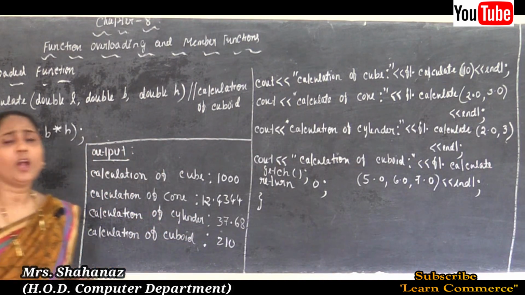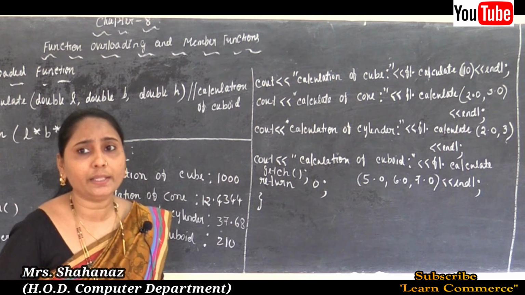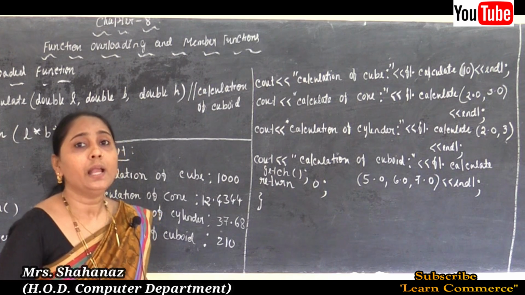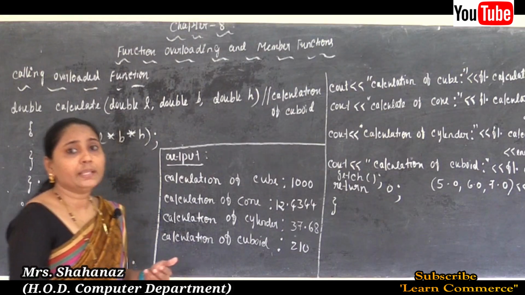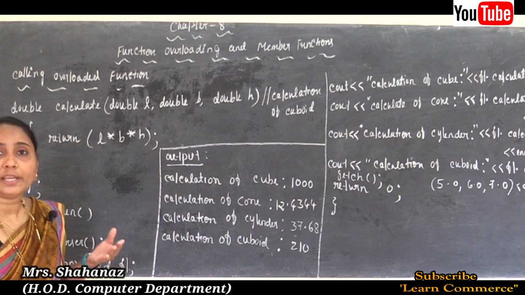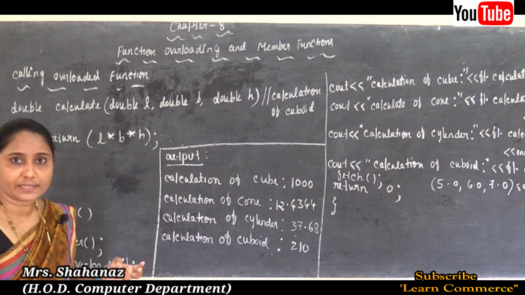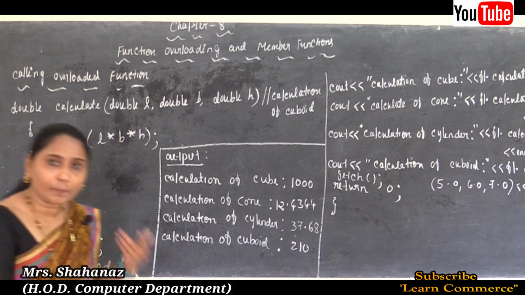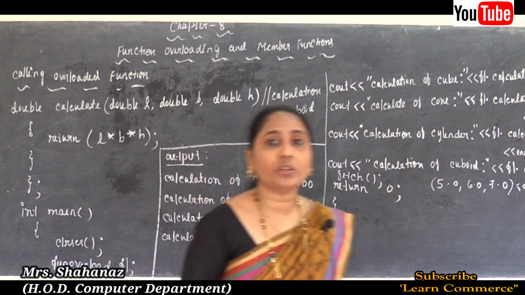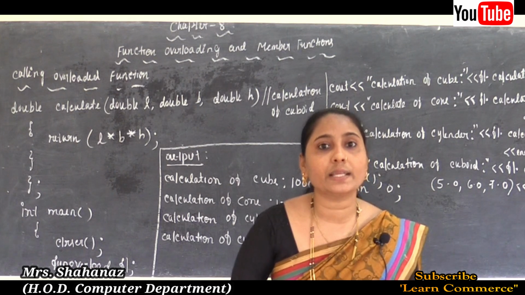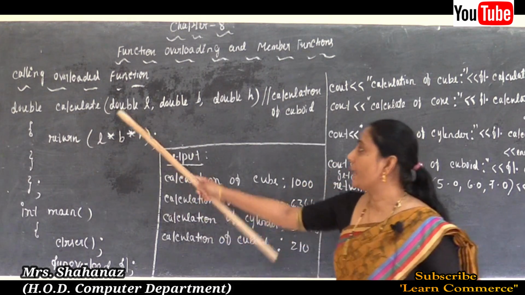function overloading. When you are going to explain the meaning of function overloading or about this program, we can say that this program finds the calculation of the cone, cuboid, cylinder and cube, based on the number of arguments or the different data types provided as input to the function calculate, correct?